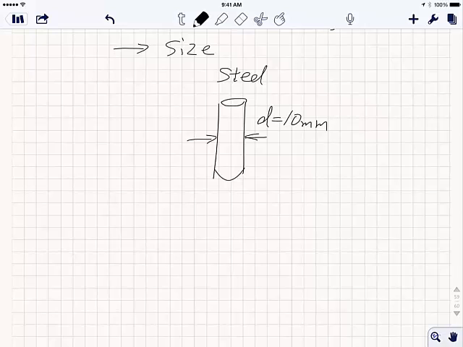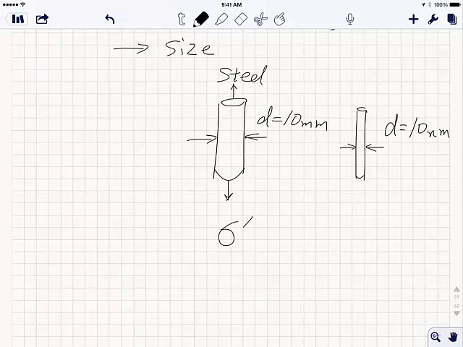Let's have some exaggeration: this diameter equals 10 nanometers. Now, I am going to consider the tensile strength of these two materials. They have the same surface finish, same material. The only difference is diameter. So take a guess which one is higher, prime or double prime?